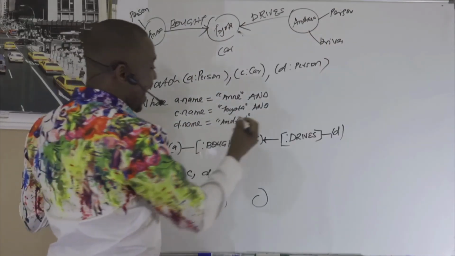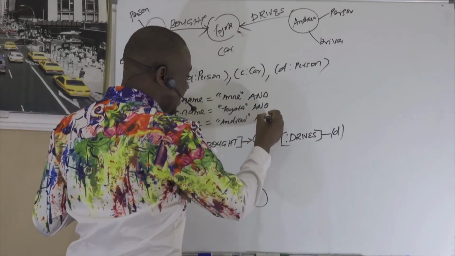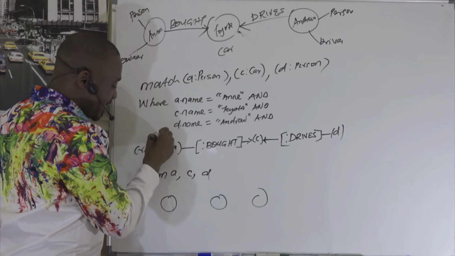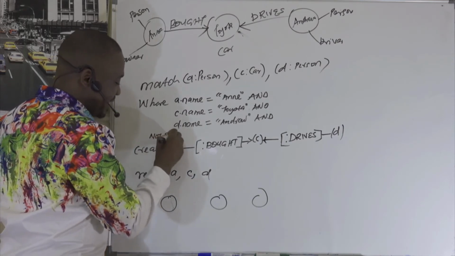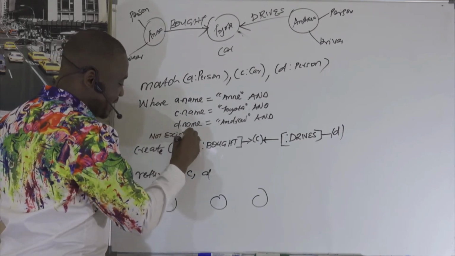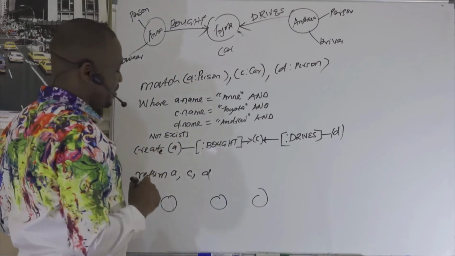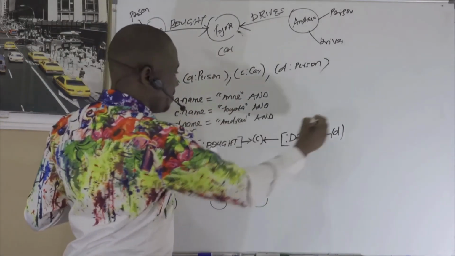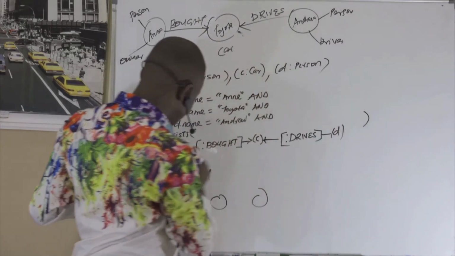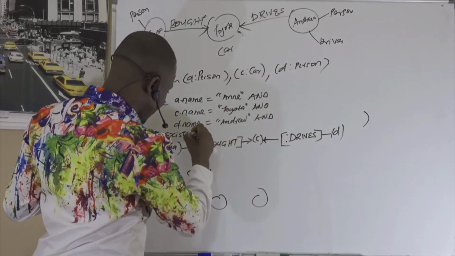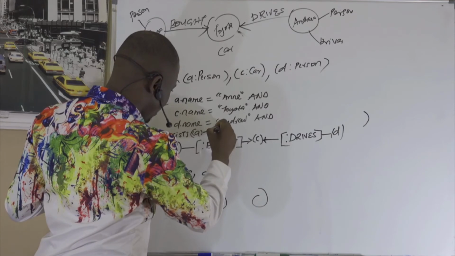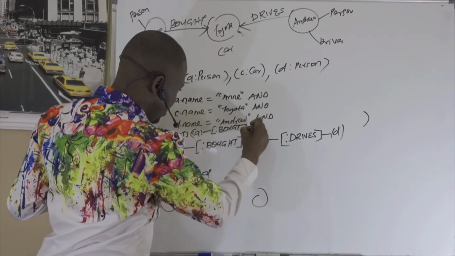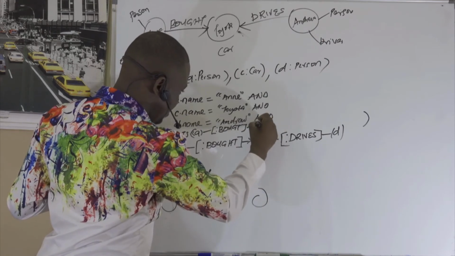That is to say, and not exists. Also use small letters. This whole thing, you drop it. Not exists. That is A to C.